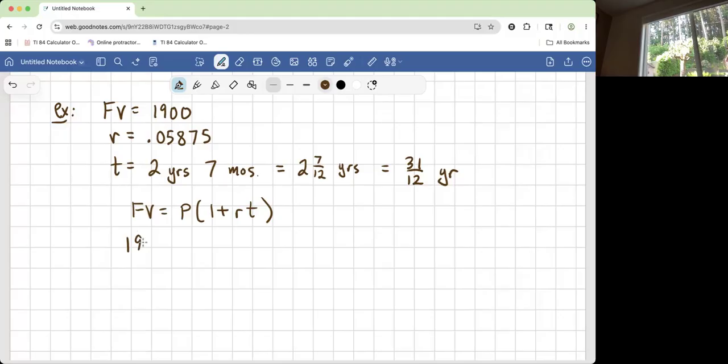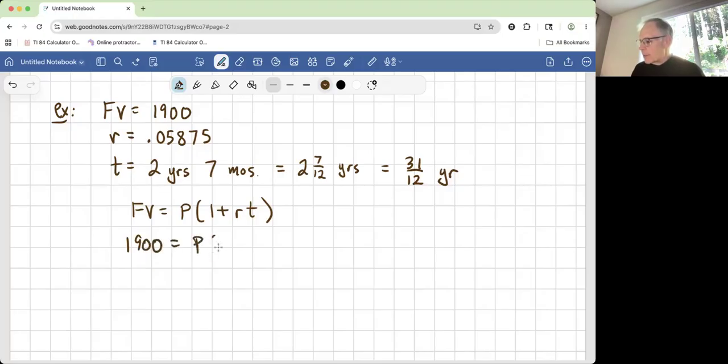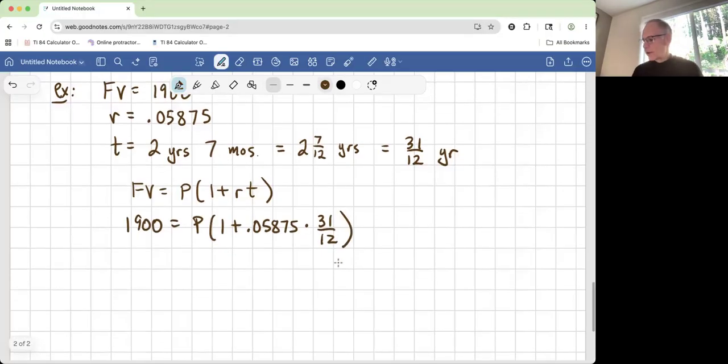And then we're going to be able to solve for present value. Okay, so future value, 1900, present value is P, times 1 plus 0.05875 times 31/12.